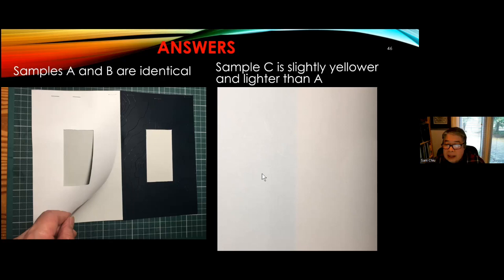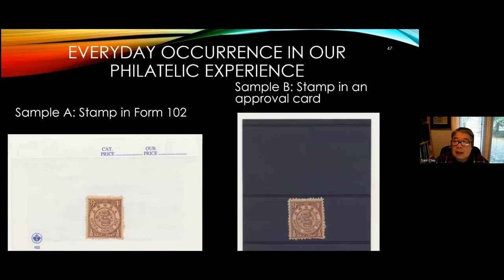Now, C, some of my older exhibits, the gray actually changed color over 10 years. So I use that as an example. C is an older one where it has yellowed or faded. So this illustrates a couple of examples.